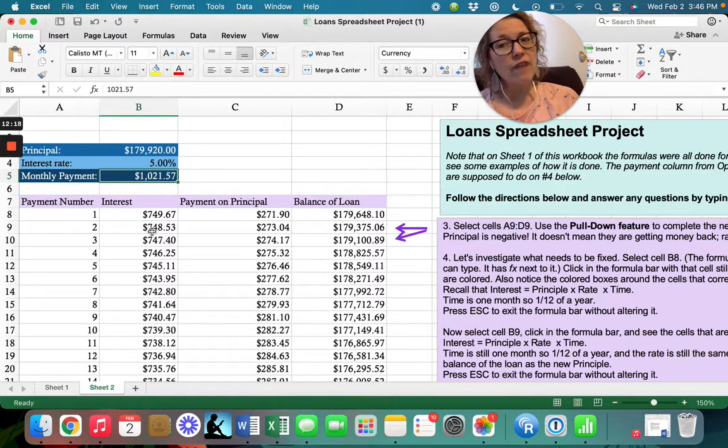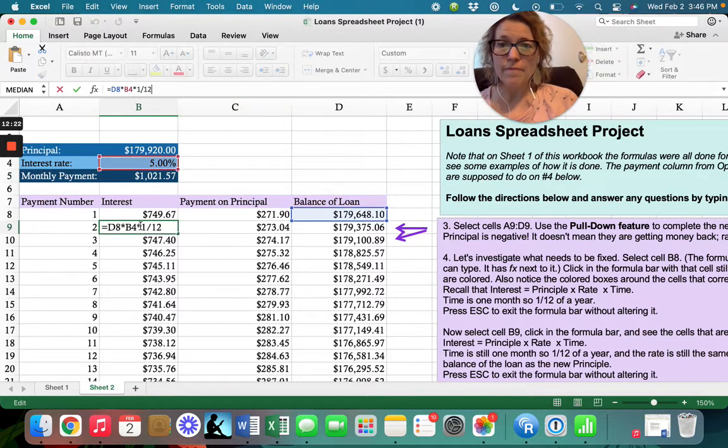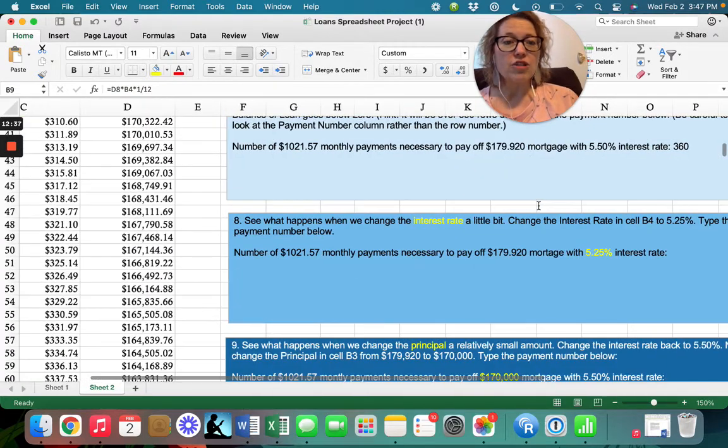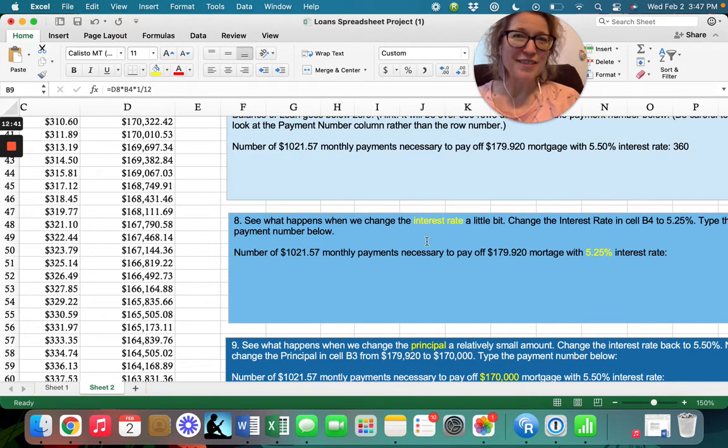If I had put 5% in the interest formula instead of referencing the cell, then it's not going to adjust if I want to look at a different interest rate. So these other questions, you're going to change things. I didn't change it the way it's asking you to change it, so beware.